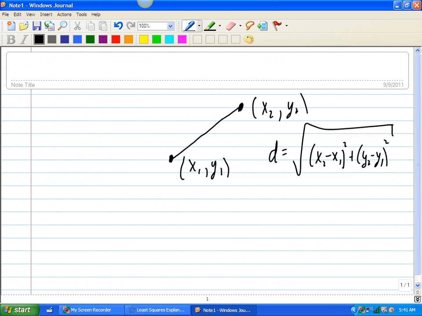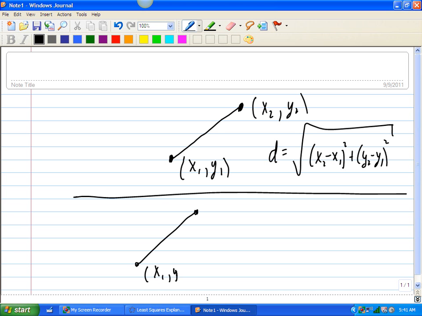Okay, there we have 2 points, and we've got the associated distance formula, which of course is just the Pythagorean theorem in disguise. Well, in 3 dimensions, it's essentially the formula of the same form.